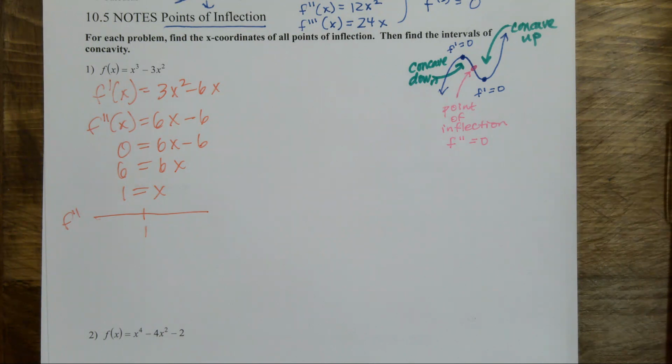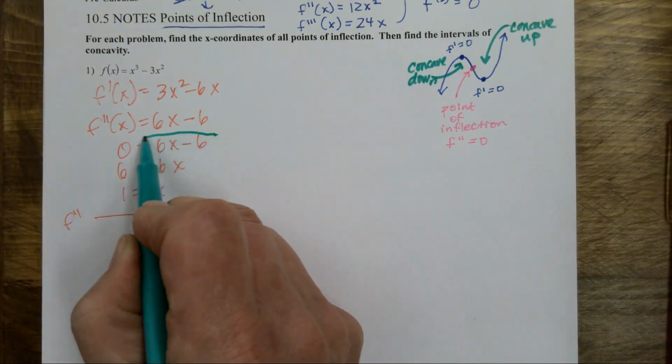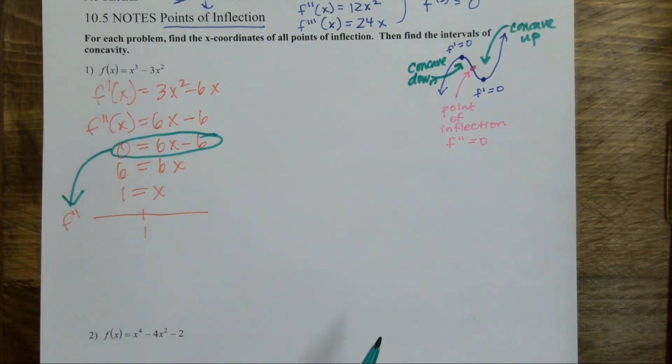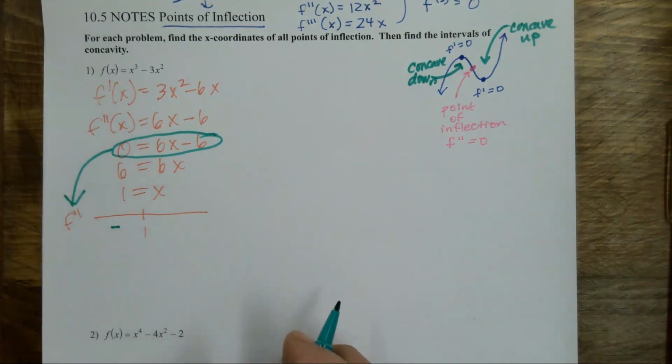I still want to check on each side what's happening, and I'm going to check it where my second derivative is 0. Same way I did before, I do test points. To the left of 1. Give me a number to the left of 1. 0. When I put 0 in here, what do I get? A negative value. So this is negative here.